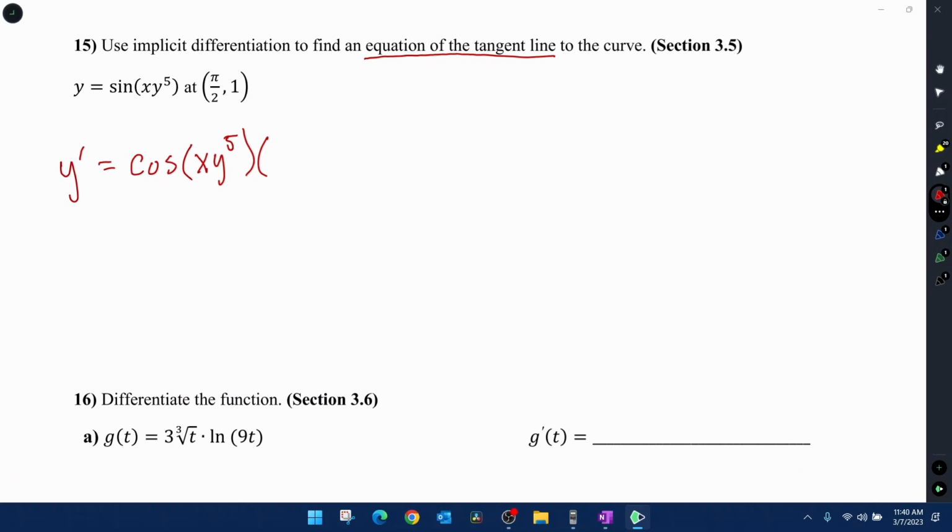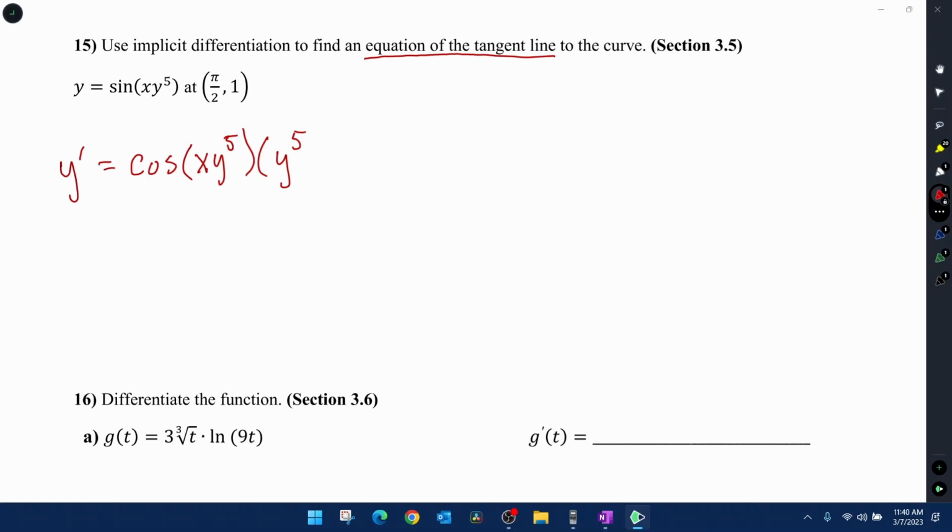And then you have to multiply by the derivative of the stuff inside, which is going to require the product rule. So the derivative of the first times the second. What is the derivative of x? 1. Times y to the 5th.